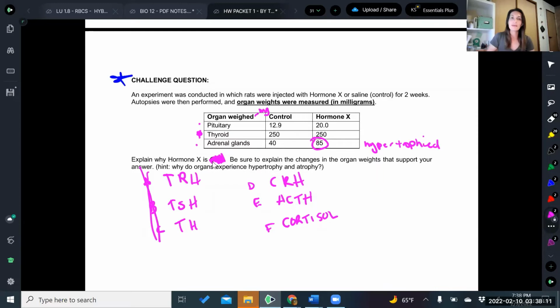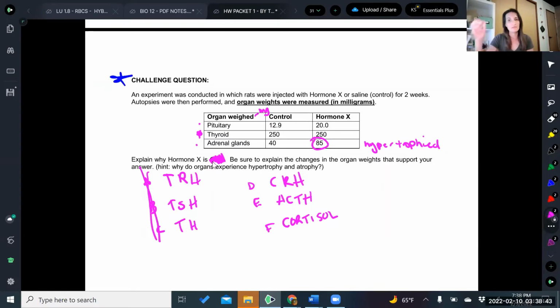And what that suggests in terms of hormone injections is that we are not injecting cortisol. Because if we were injecting cortisol, we would be replacing the function of the adrenal glands, replacing the function of those zona fasciculata cells. They wouldn't need to function, they would shut down and they would atrophy. If we are replacing a given hormone or a given gland, then we should see gland atrophy.